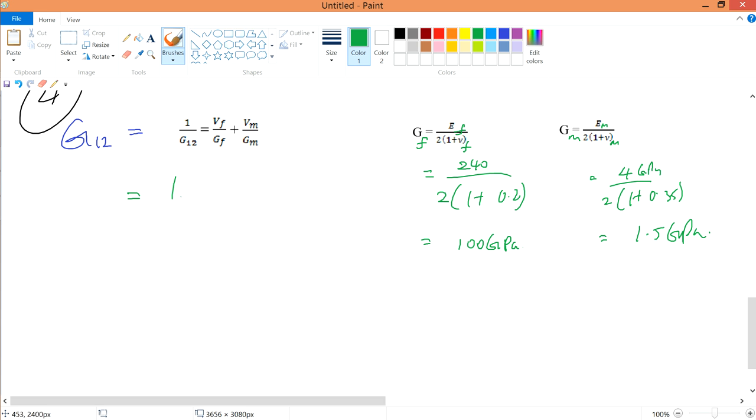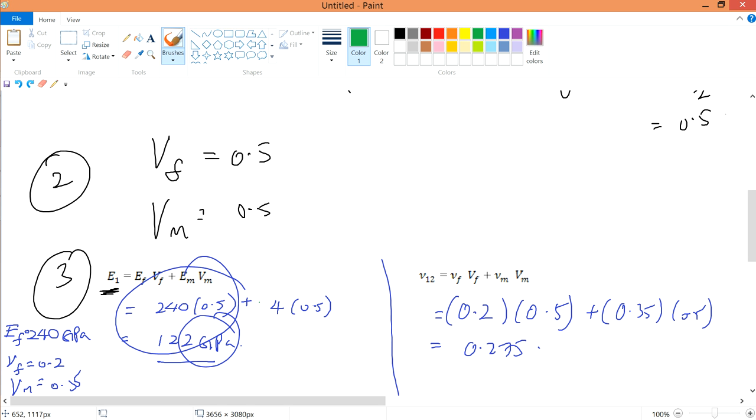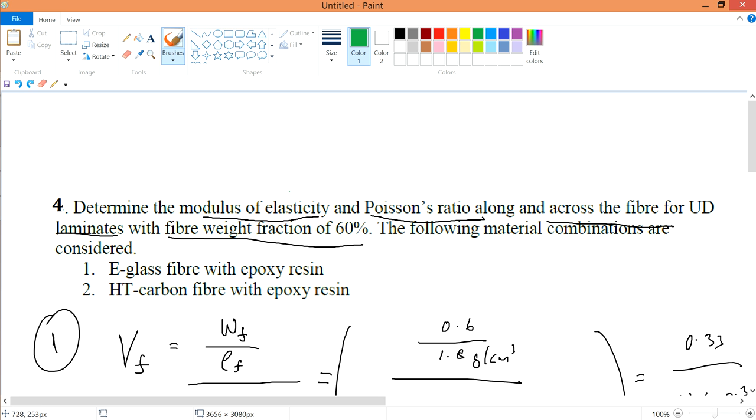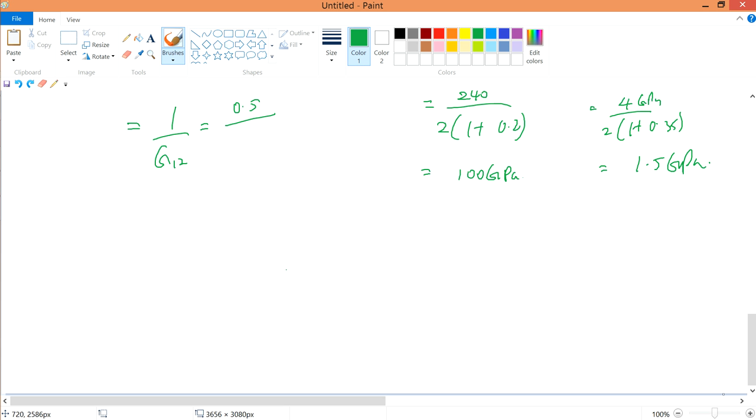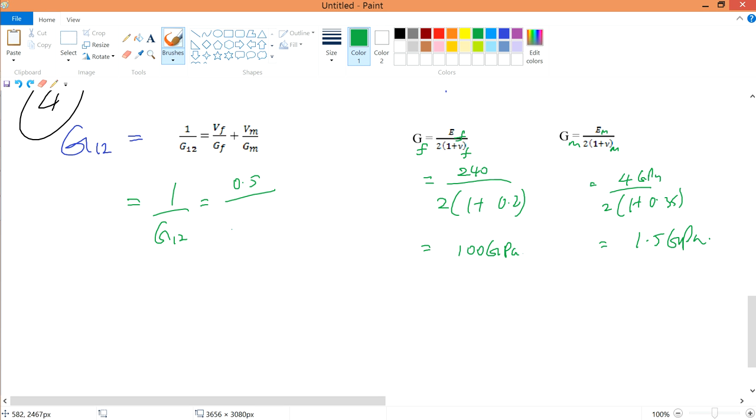So you have 1 over G12 equals 0.5, because the volume fraction is 0.5. We have known it all along at the first step already. We calculated it using the weight fraction calculation. You should take note of how it's being calculated. Please remember that.